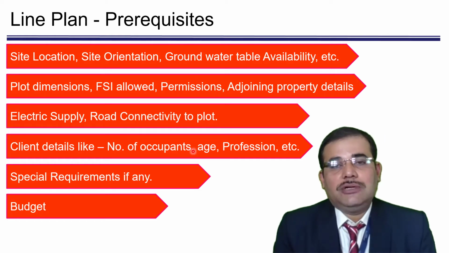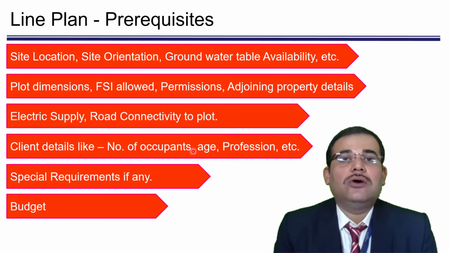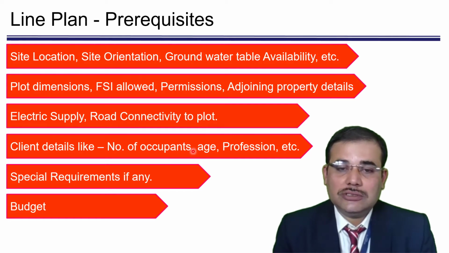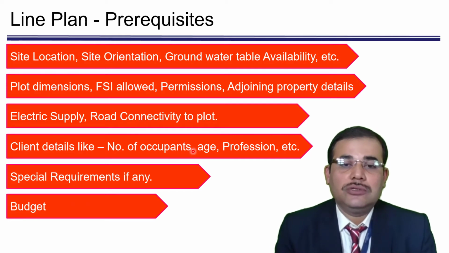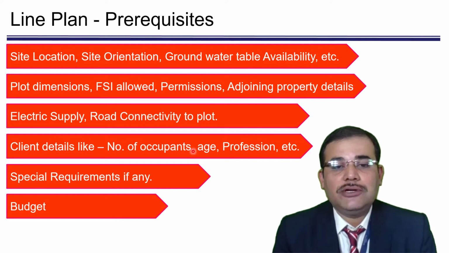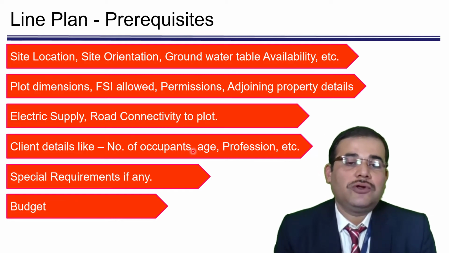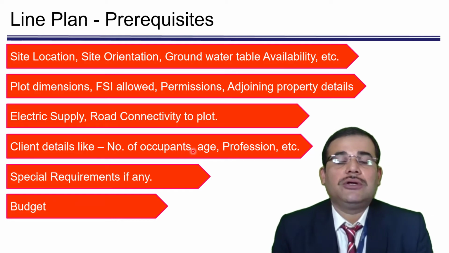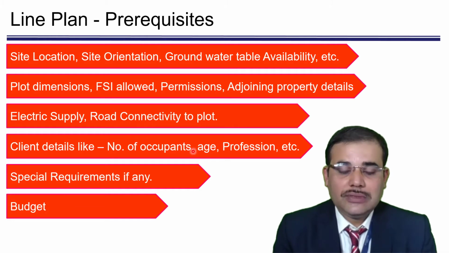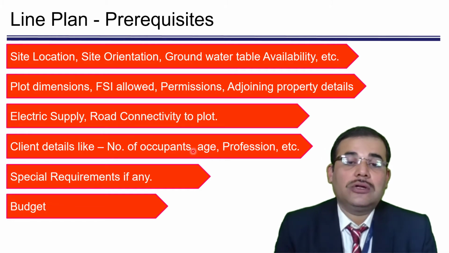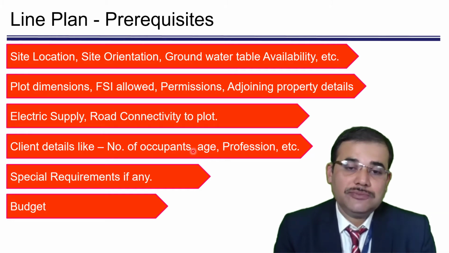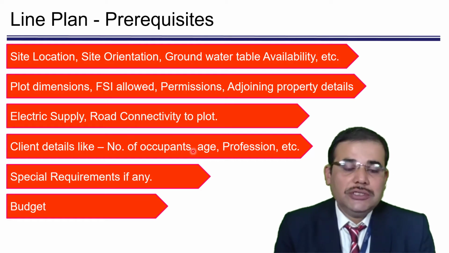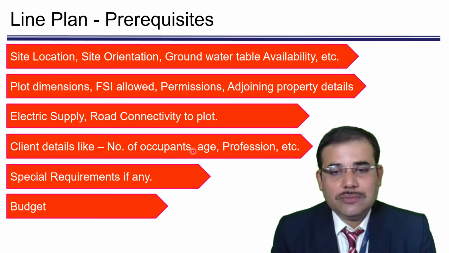Age factor also matters, as senior citizens or infants could be there. These parameters are required when you design, for example, a staircase, an entrance lobby, or the flooring material for any specific room.